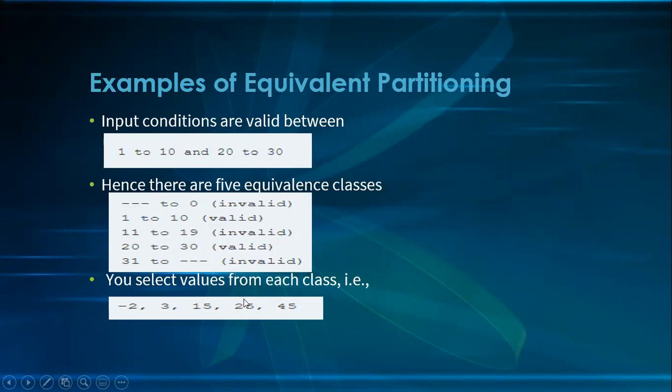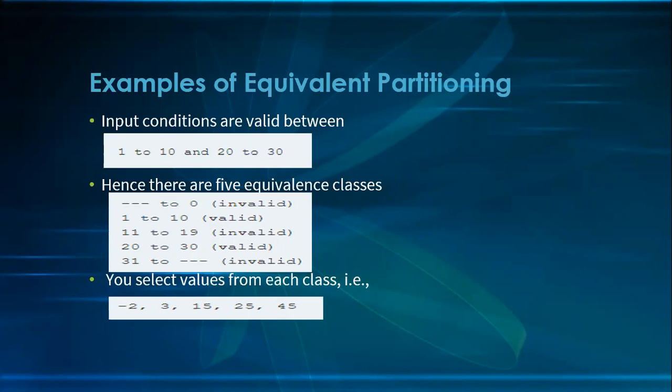So if I'm going to test, I test these 5 to make sure that all possible combinations have been tested. Hence, an example of equivalent partitioning. That is the logic about equivalent partitioning.